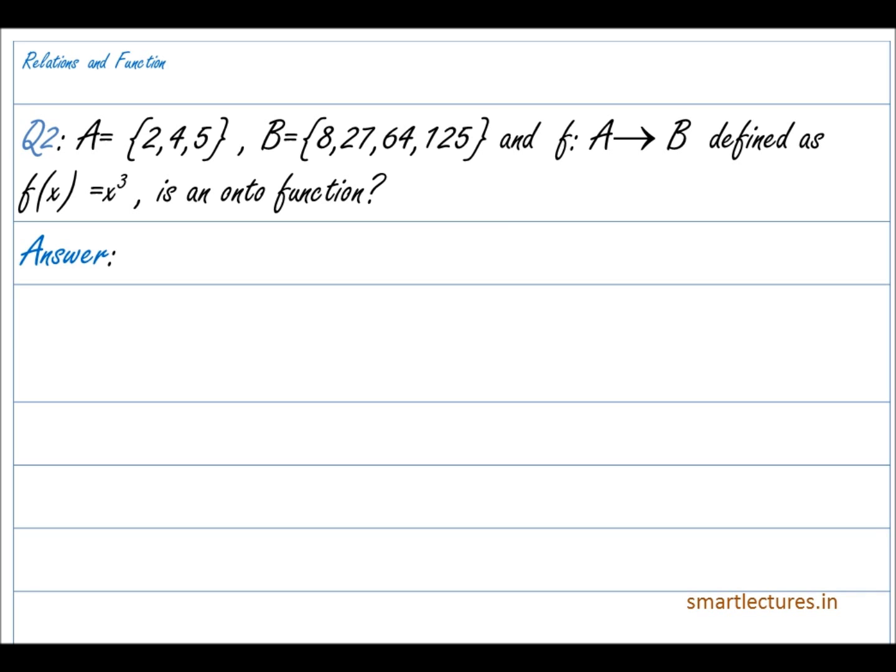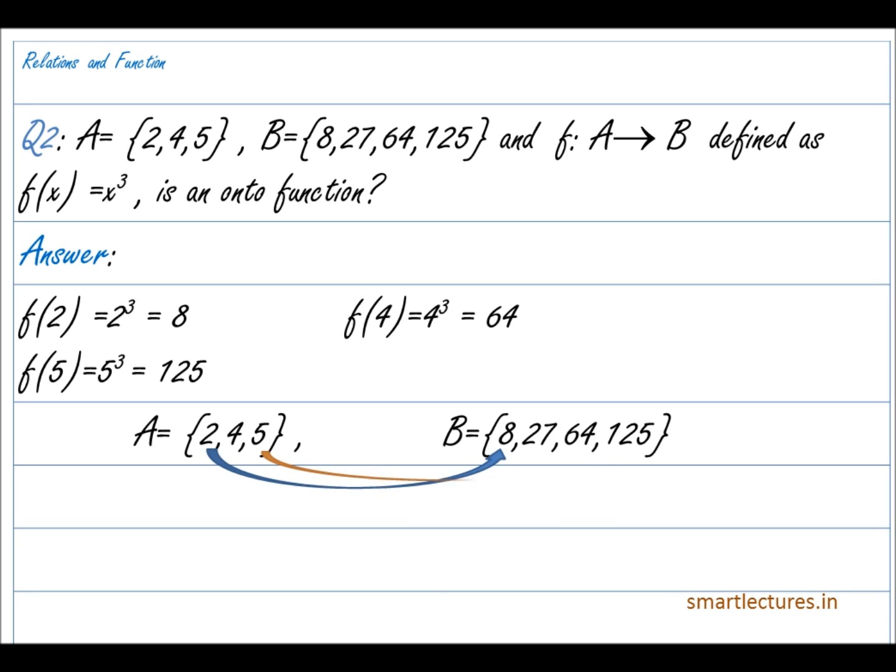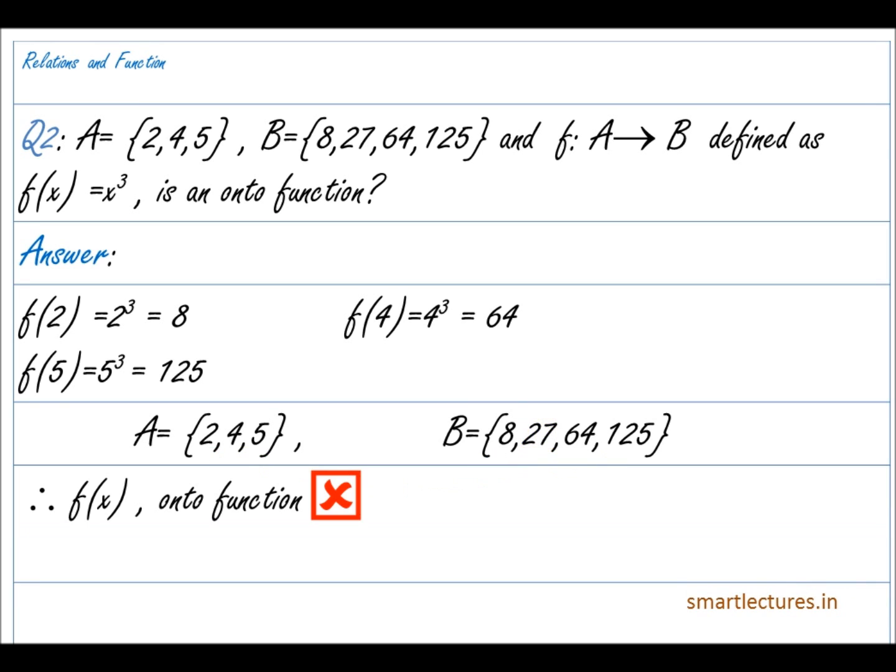Here f of 2 is equal to 2 cube, that is 8, f of 4 is equal to 4 cube, or 64, and f of 5 is equal to 5 cube, which is equal to 125. Now here you can see in the given function, 8 is linked to 2, 125 to 5 and 64 is associated to 4, but 27 is not linked to any number. So that means the given function is not an onto function.